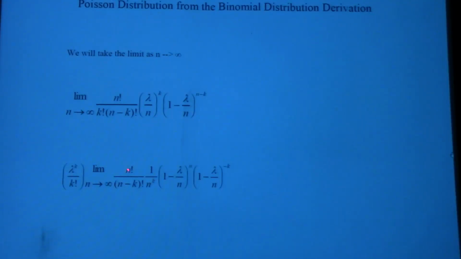Then we have the limit of n factorial over n minus k factorial times n to the k, times 1 minus lambda over n to the n, and 1 minus lambda over n to the minus k, splitting this into two factors. So we get that. Let's just make sure everything is correct here.